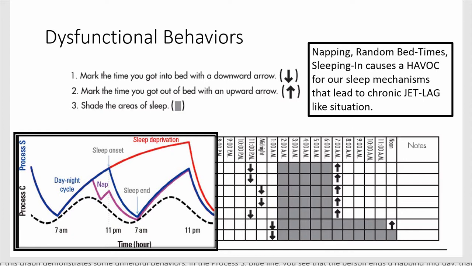So this type of person will obviously have issues and struggle on Sunday night when he tries to force his body to fall asleep at his usual 11 p.m. bedtime. He'll have problems because the body is just not sleepy, right? So he's got a weak process S, and his circadian rhythm, the process C, is shifted forward.